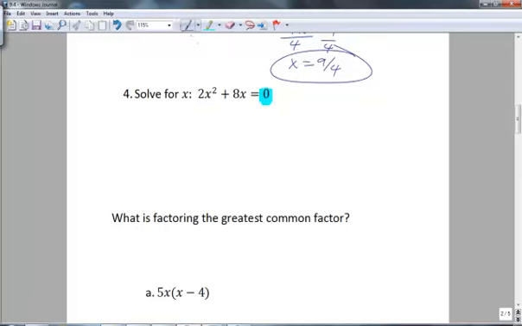Let's pretend that the distributive property has been done to the left side, and we're going to try to pull that factor back out. So please notice that between the 2 and the 8, there's a common factor of 2. So I'm going to undistribute that. Also, please notice that between the variables, the x squared and the x, there's a common x.